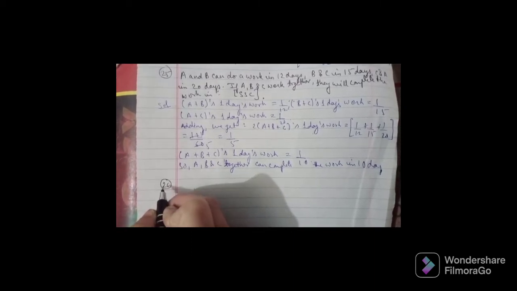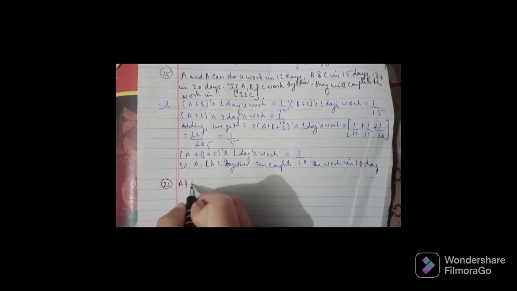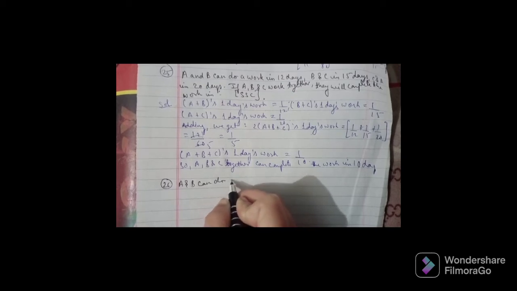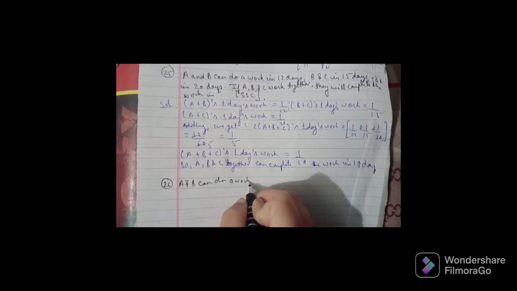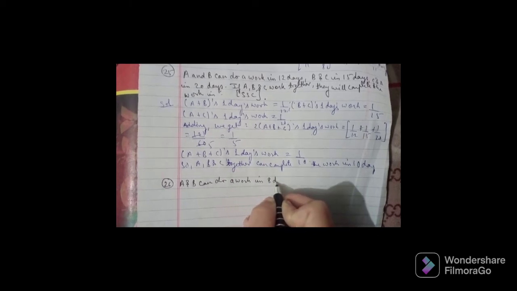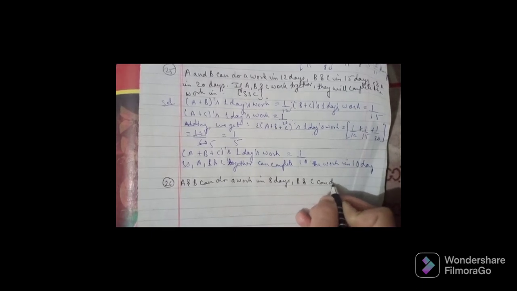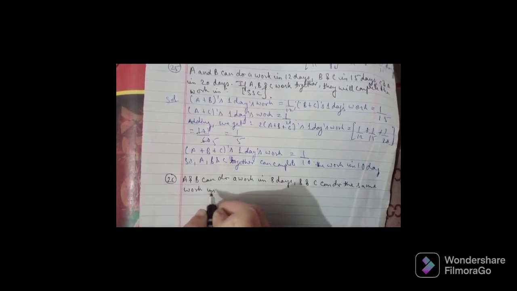So here we go. A and B can do the same work in 8 days, and B and C in 12 days.